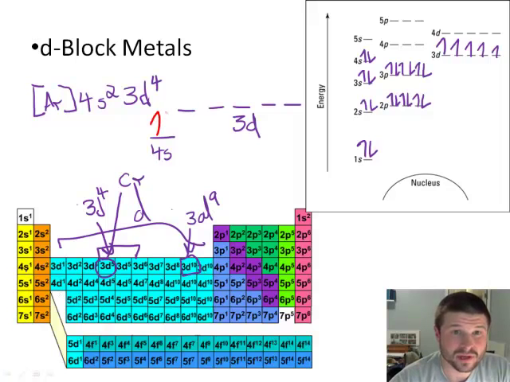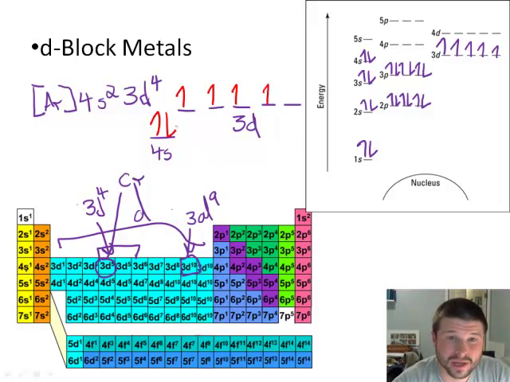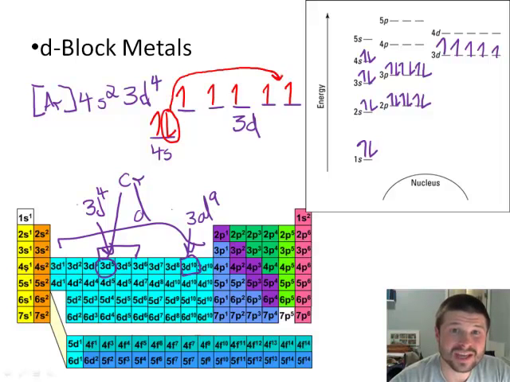So it fills the 4s with 1, 2 up and down arrows, and then 3d4. However, this element is more stable if it promotes this electron to fill this empty space here. So it's more stable when it does that.